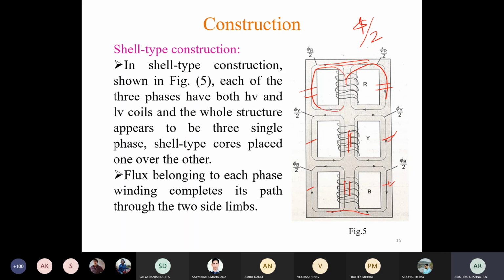So here all the three fluxes are almost independent of each other, unlike the core type construction.